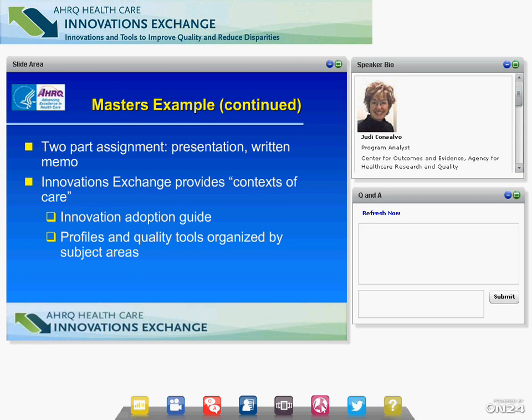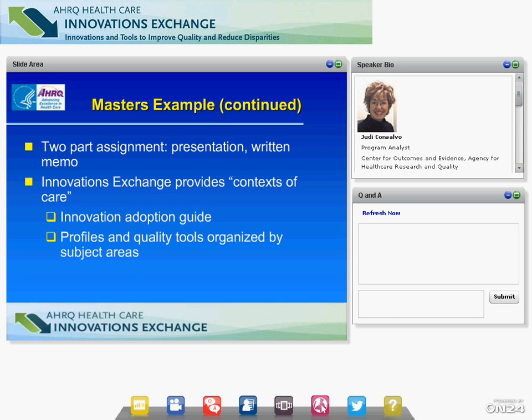The assignment is a two-part assignment. It has a presentation component and a written memo. As I said, the title of the course is Context of Care, so the Innovations Exchange is part of that context in which healthcare providers are giving care.